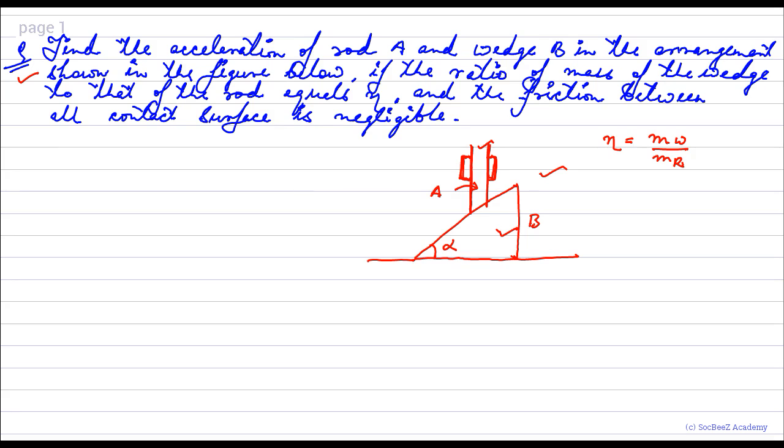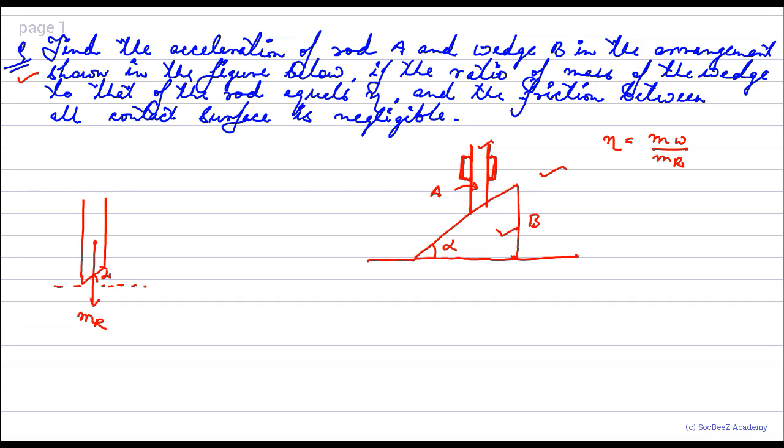So let me draw the bar first. So this is my bar. This angle is going to be nothing else but alpha. Now it has got a weight acting downwards, mr g.